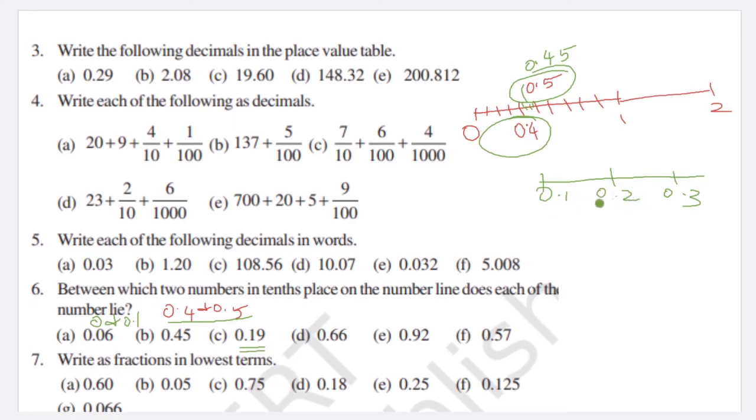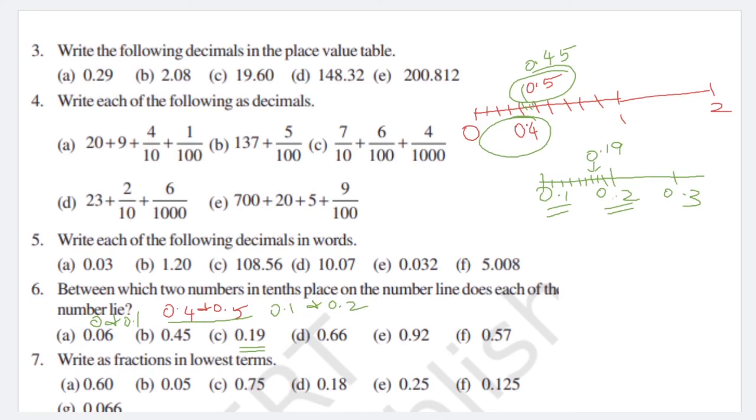It is less than 0.2 but greater than 0.1. Between these two numbers you will have 10 divisions, and here you will have 0.19. So it is lying between 0.1 and 0.2. That is the answer, 0.1 and 0.2.